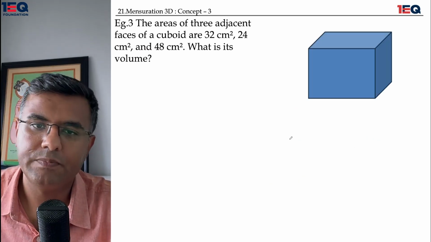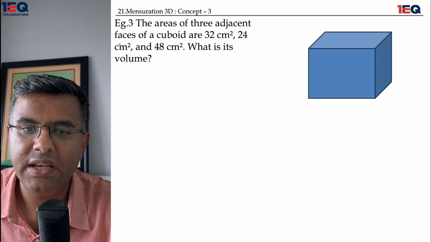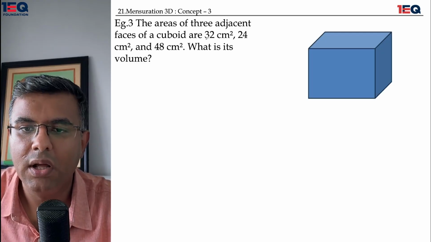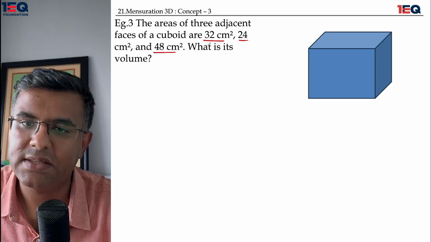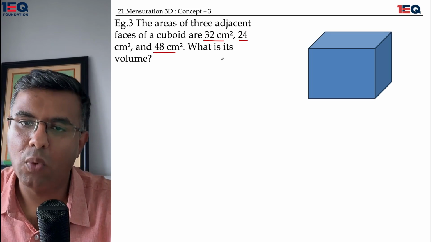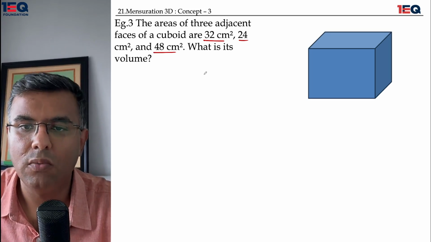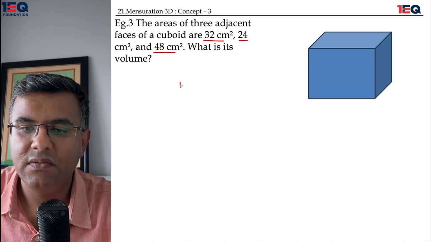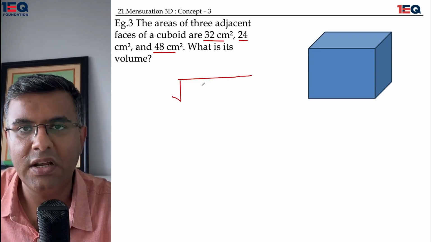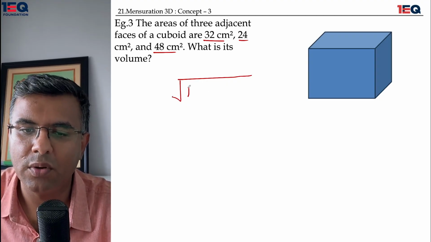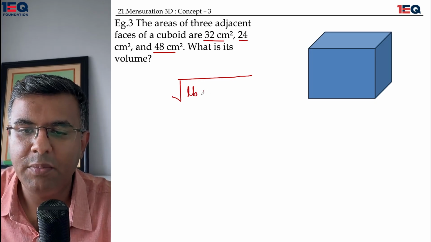Let's move ahead. The areas of three adjacent faces of a cuboid are 32, 24, and 48 centimeters square each. What is the volume? In such a situation, we've already talked about it, that you need to put all the faces together in multiplication and put them in a root. How would that affect me?